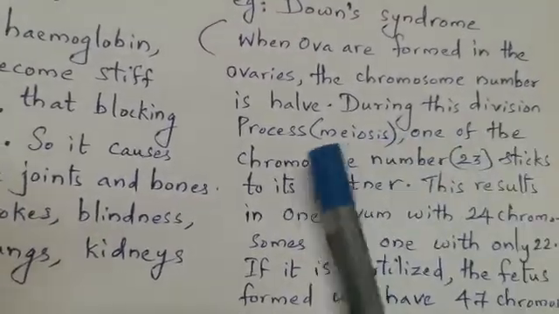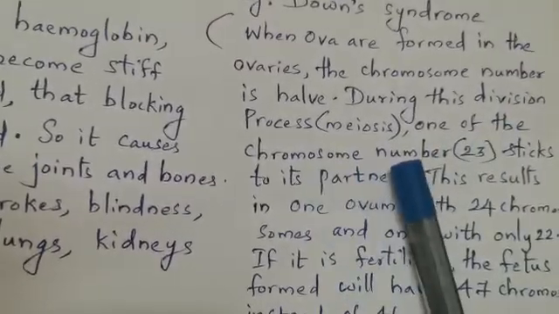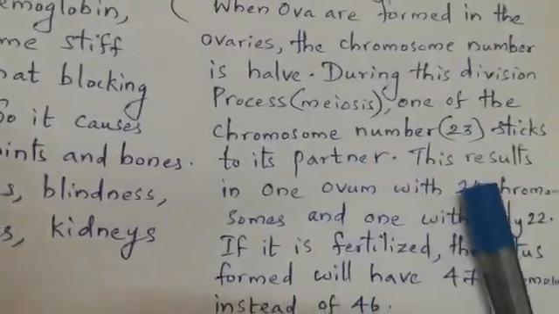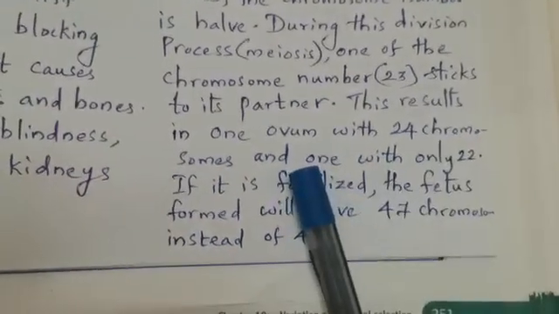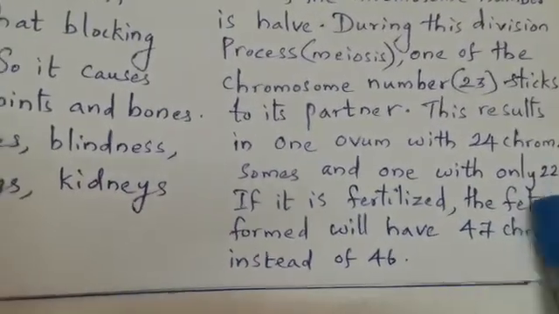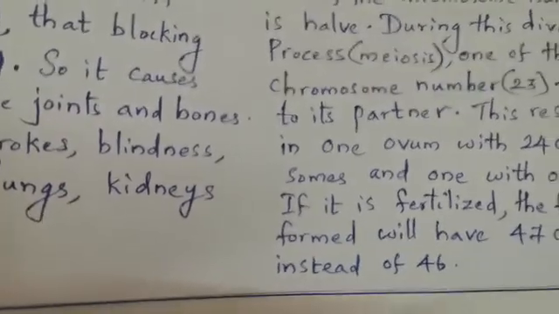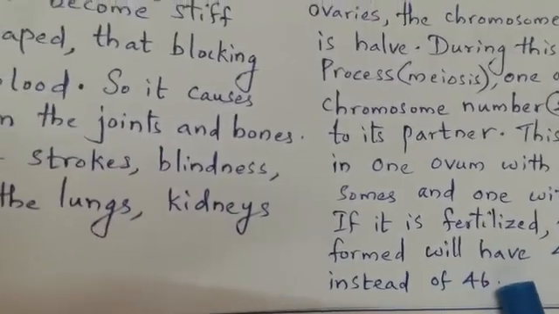During this division process, called meiosis, one of the chromosome number 23 chromosomes sticks to its partner. This results in one ovum with 24 chromosomes and one with only 22 chromosomes. If it is fertilized, the fetus formed will have 47 chromosomes instead of 46.